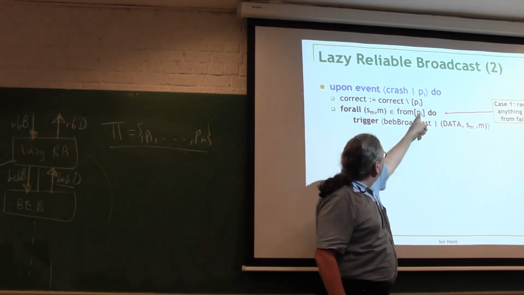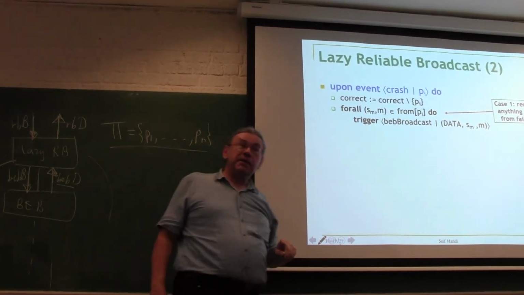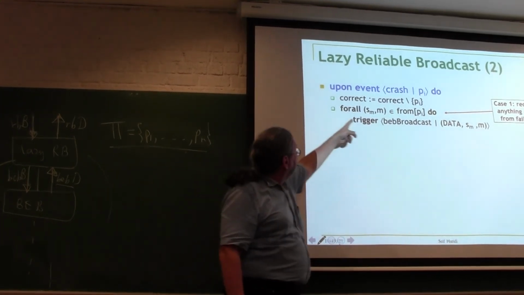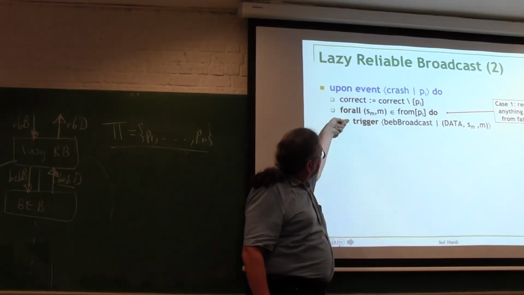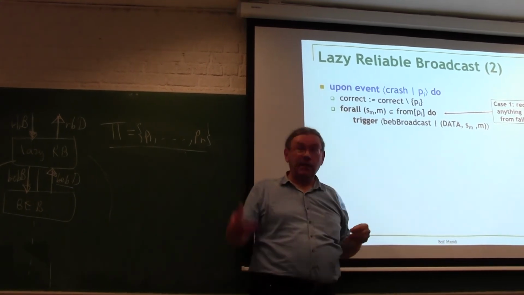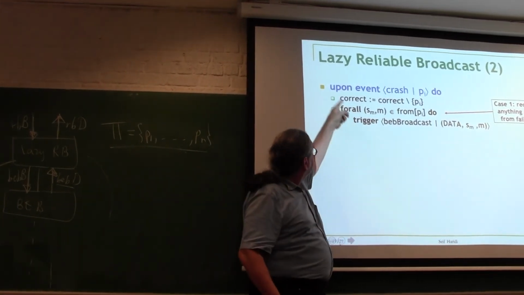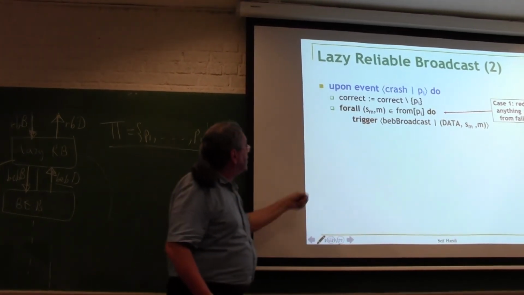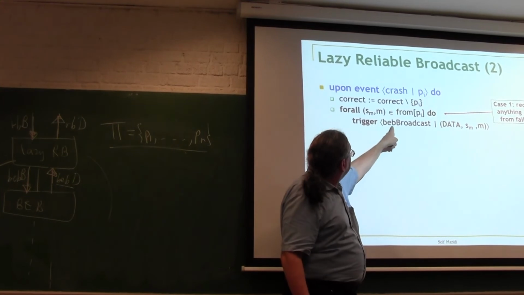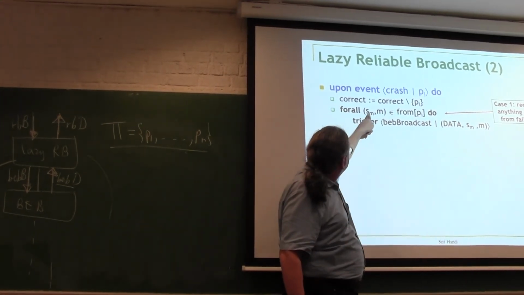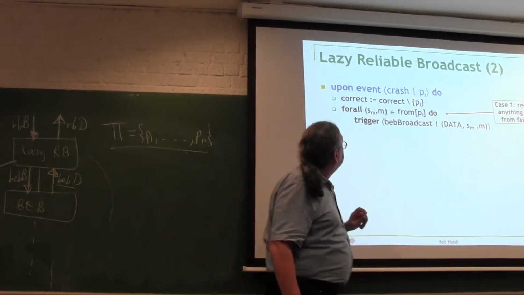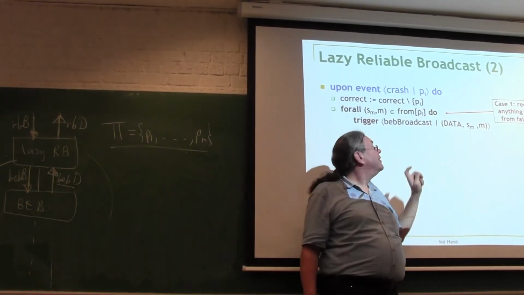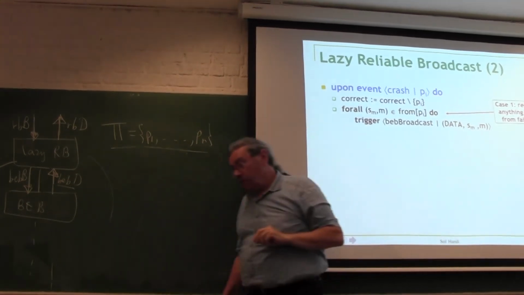If Pi has failed, did we get any messages from Pi? Well, if we did, we have to re-broadcast them, like we were saying before. This node has to do the work of the sender then. So it does a best effort broadcast for each of the messages that came from Pi. That's why we need this array from Pi.